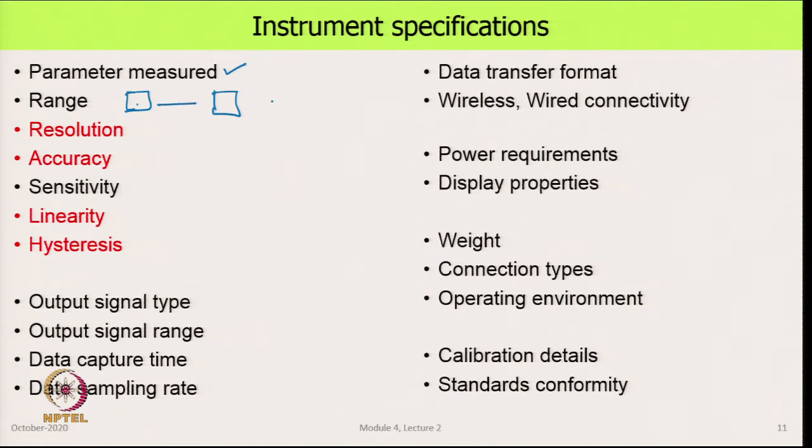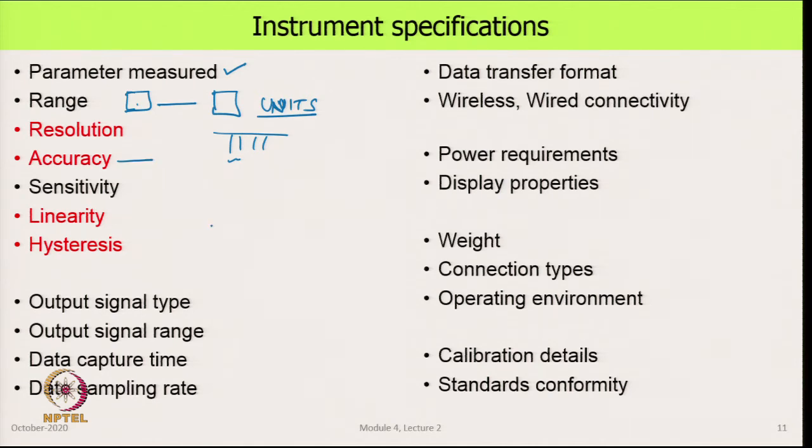So, this is the range, and it will also always tell you what are the units. And in all our work and all other engineering work as well, you must always keep track of units at every step. Then it tells us what is the resolution, that is, in a very crude way on the scale, what are the markings and what is the spacing of the markings in relation to the physical parameter.